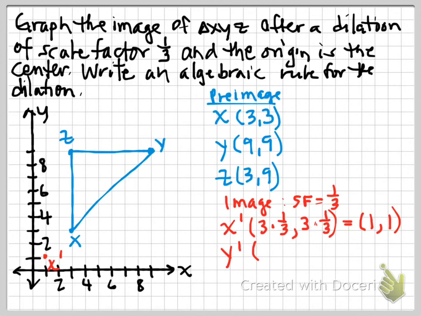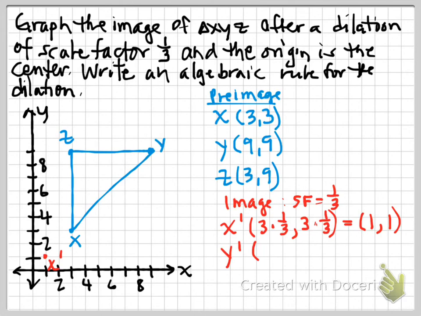What did I do to the original coordinates for X of 3, 3 to get to X prime's coordinates of 1, 1? What does it show doing right here to get to 1, 1? And what did I multiply by? You don't know how to read a fraction?